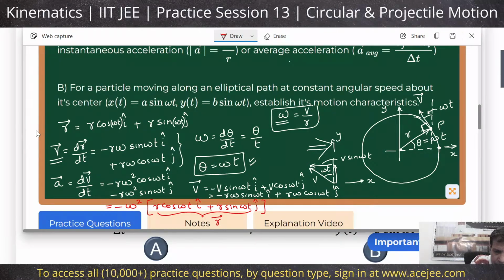Right here. Just check. So I can write my acceleration vector as minus of some positive constant quantity, because the reason I say omega square is constant is because omega is not changing with time. Angular velocity is constant, times the position vector r.